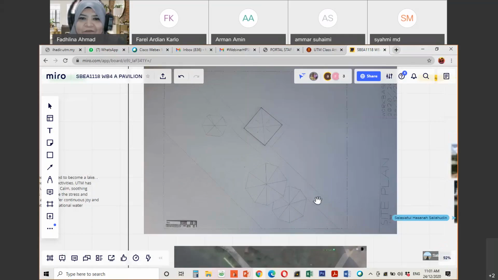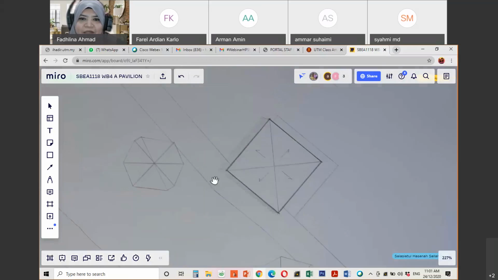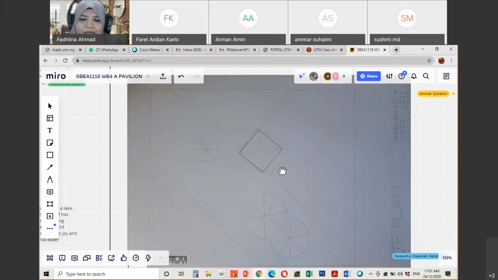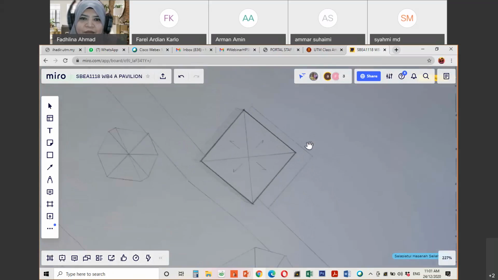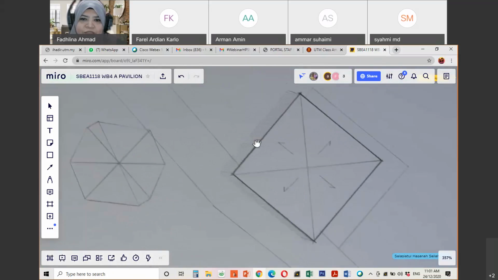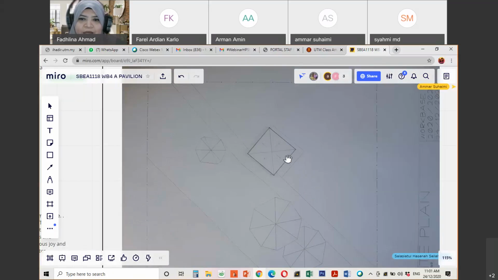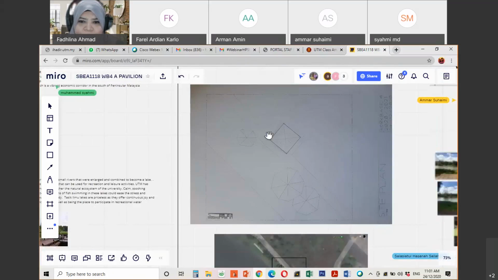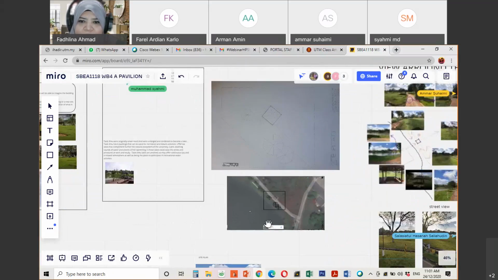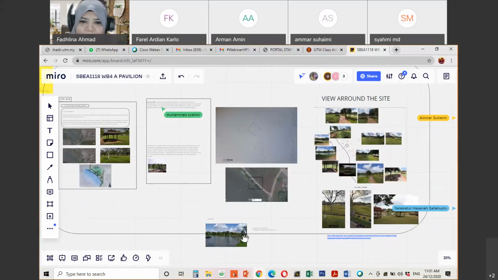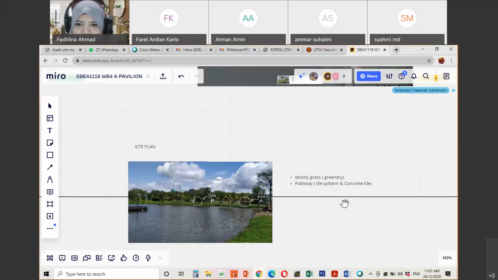Except that perhaps we cannot get the exact dimension for this wakaf. If so, I need to go to the site myself and measure it for you guys so that you will get the exact dimension. Thank you very much, Farel. Thank you, Doctor. Good work.